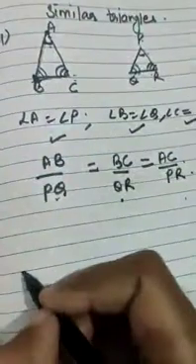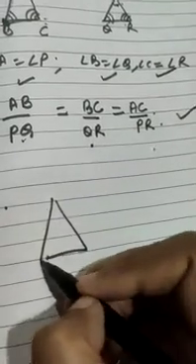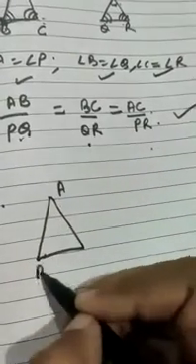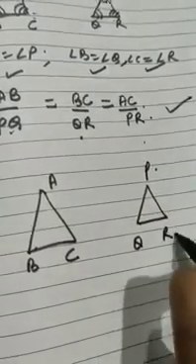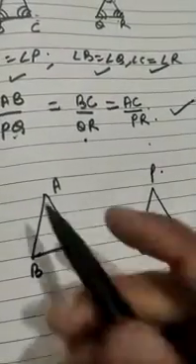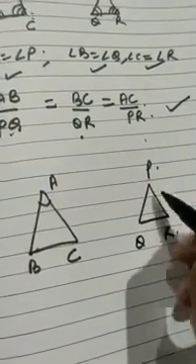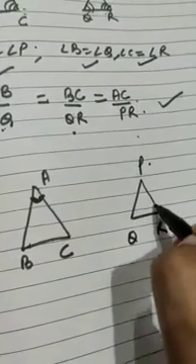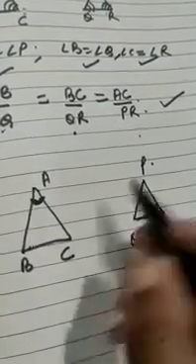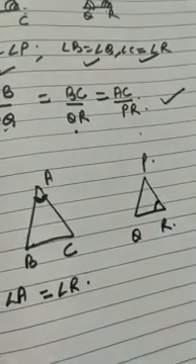Now look, second case. Suppose again you have one triangle ABC and one more triangle PQR, in which we have given angle A equal to angle R, right?